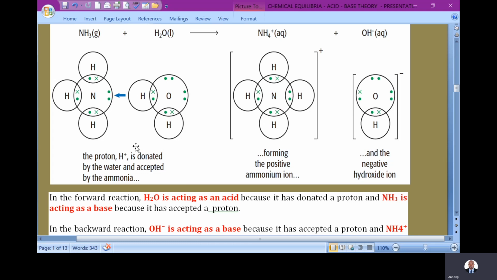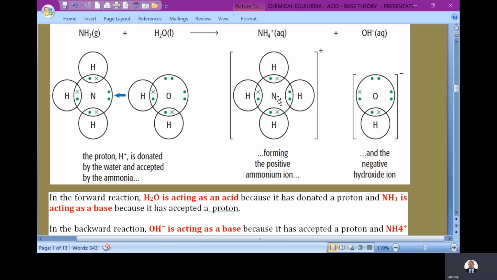In the backward direction, ammonium is an acid and hydroxide ion is a base. In terms of acid-base conjugate pairs, this is ammonia, which is the base, and the conjugate formed after accepting a proton is this. The base is ammonia and the conjugate acid is ammonium.